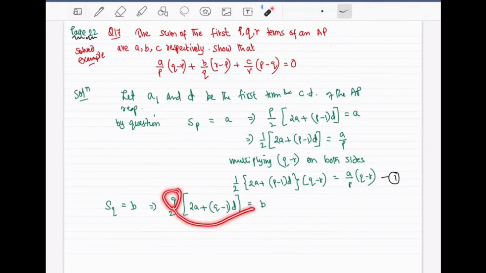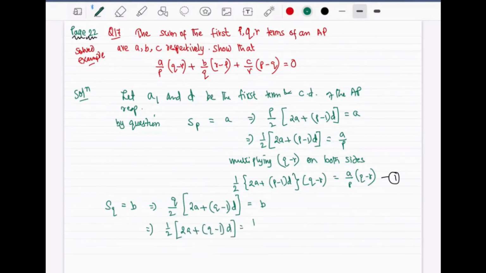But take this to the other side, which implies that half, twice A1 plus (Q minus 1)D is equal to B by Q. This is not enough. You have to multiply R minus P on both sides, like we have done in equation number 1.